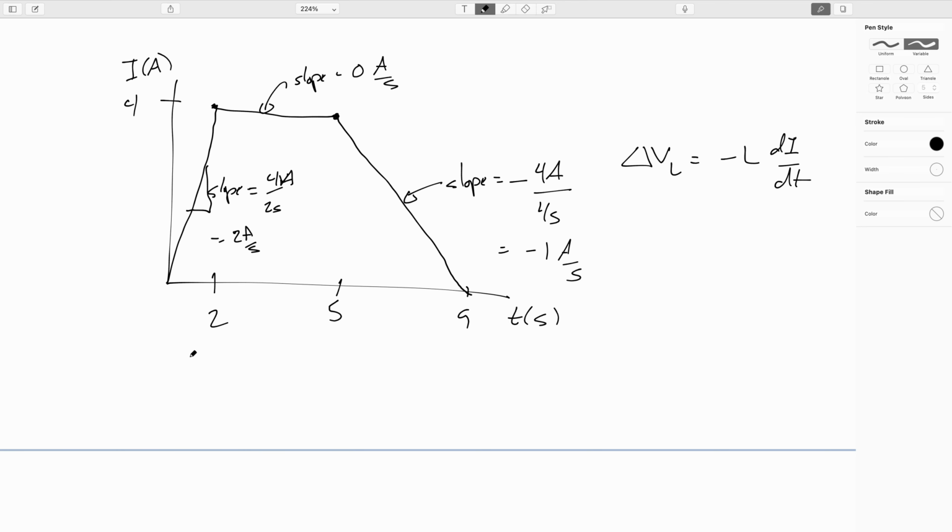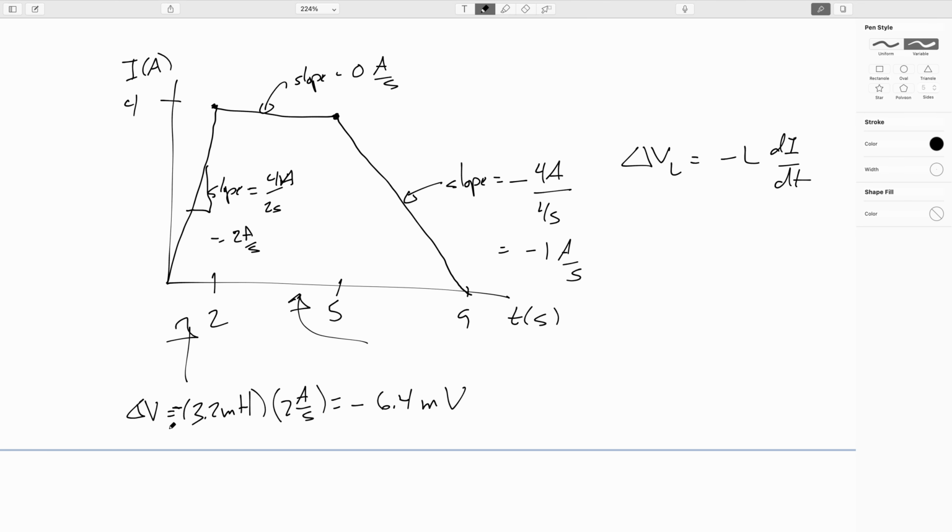Armed with that and the fact that we have a 3.2 millihenry inductor, we can calculate the voltage across the inductor for each of these time periods. So delta V will be equal to 3.2 millihenries times 2 amps per second. Now a henry times an amp per second is a volt, and then we still have the milli prefix left. So this will be, minus L di/dt, minus 6.4 millivolts.